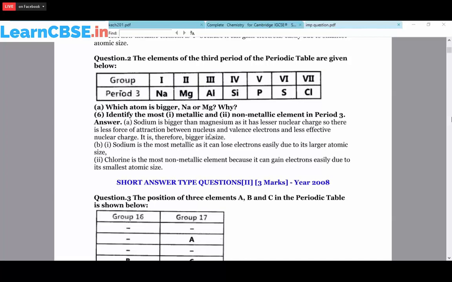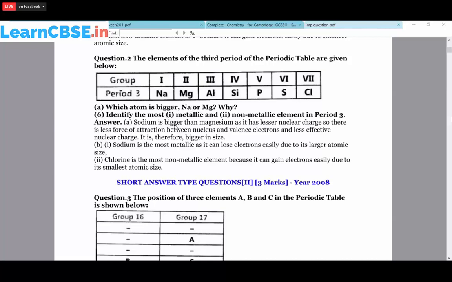Why? The atomic size of sodium is larger because sodium has only two shells. Magnesium also has two shells, but the effective nuclear charge increases, so there is a shrinking and the atomic size decreases.